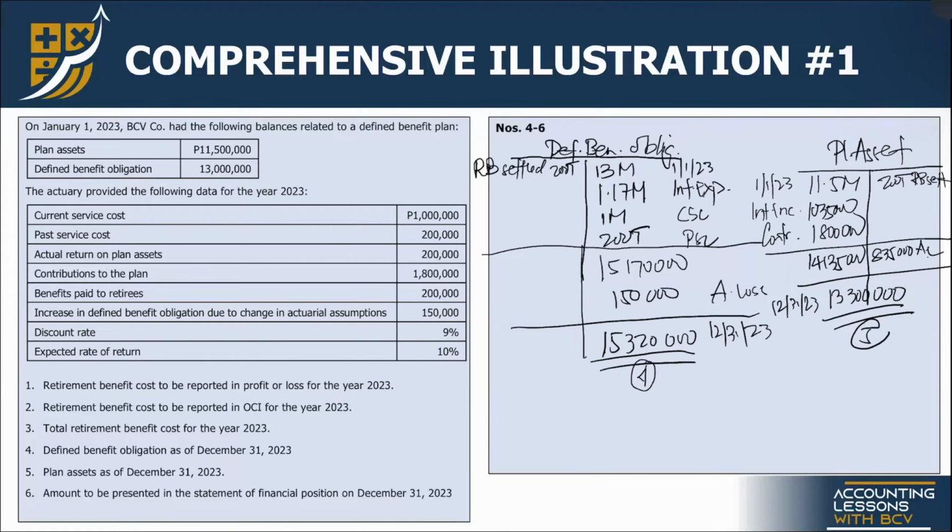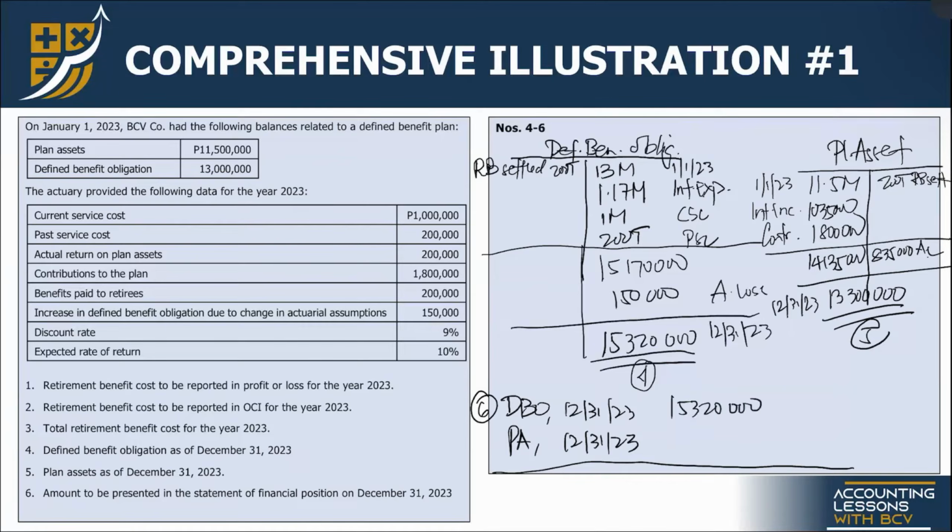Number 6. Amount to be presented in the statement of financial position. No, ito na. Statement of financial position na tayo. So, paano nga ulit natin pinipresent to? Kakadiscuss lang natin eh. By getting the difference between DBO, December 31, 2023, and plan assets. For number 6. Okay? DBO end, 15,320,000. Plan assets end, 13,300,000. Okay?